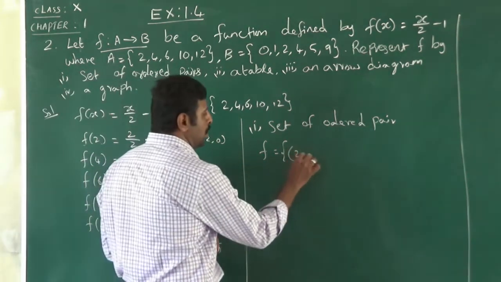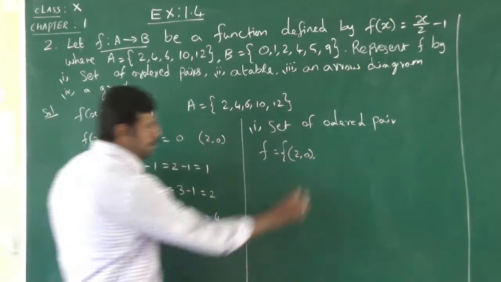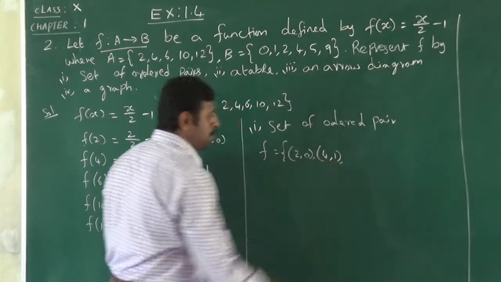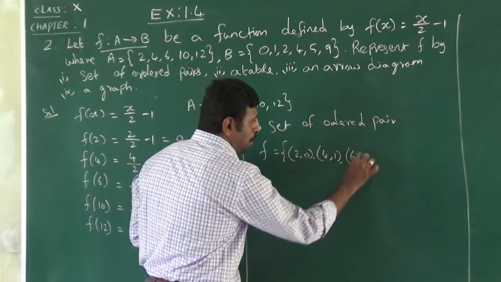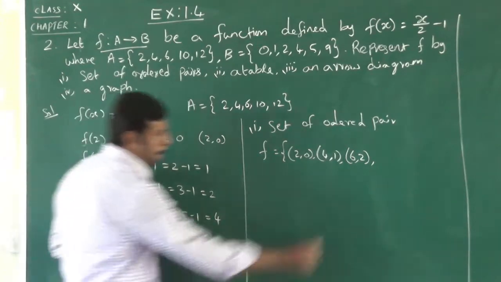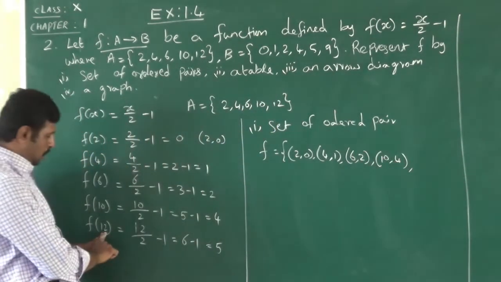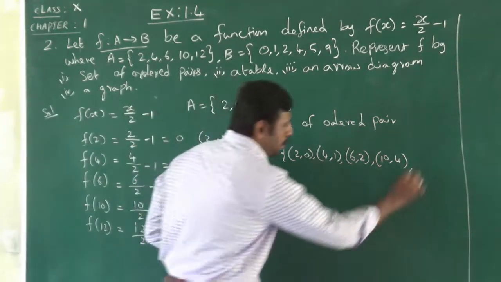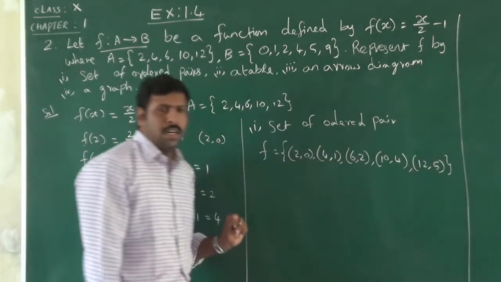So the ordered pairs are 2 comma 0, then 4 comma 1, and then 6 comma 2, then 10 comma 4, and the last one is 12 comma 5. These are the ordered pairs.